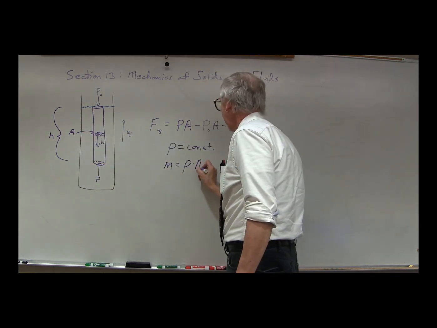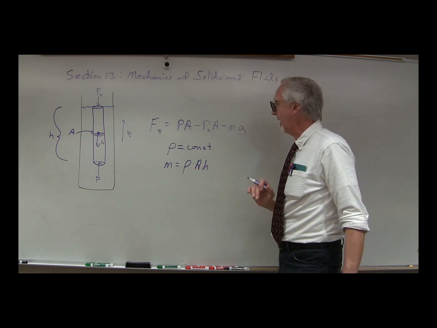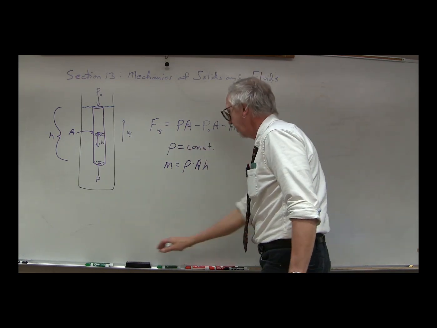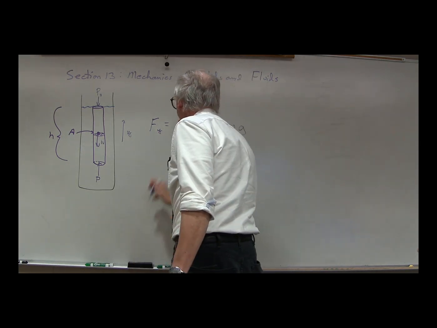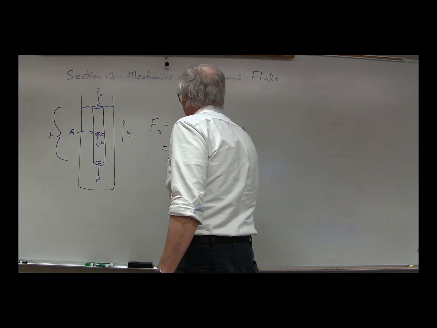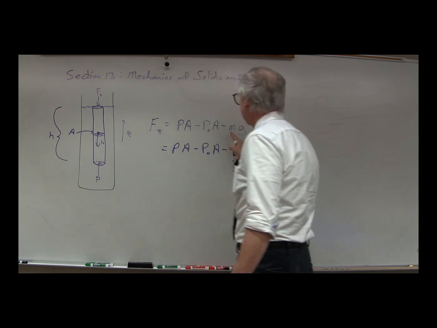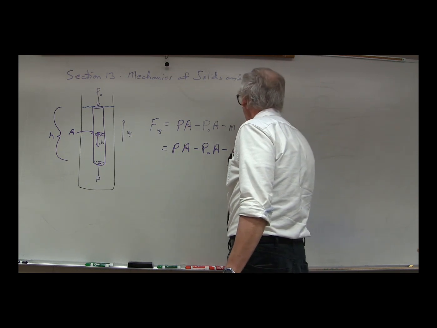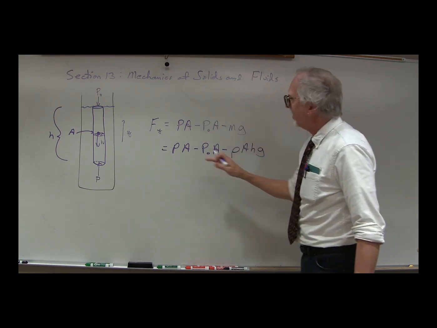So this is going to be Ah. So the mass will be rho A h. So let's rewrite this here. We'll have the force in the y direction will be PA minus P0A minus m, which is rho A h, times g.